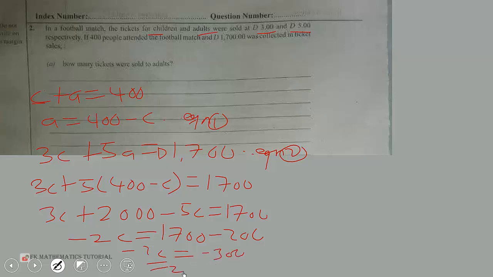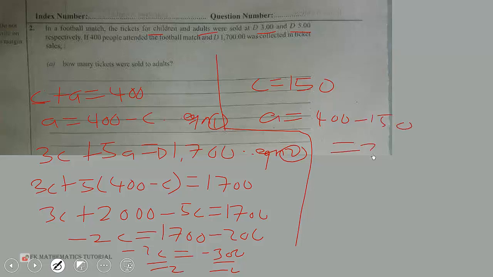So negative 2C is equal to negative 300. So divide both sides by negative 2, and C will be equal to 150. Then when we put this into equation 1, we get A to be equal to 400 minus 150, which is equal to 250.